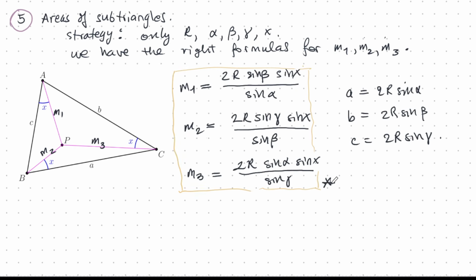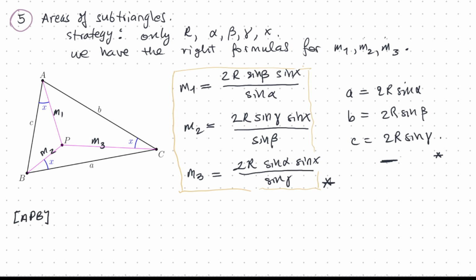So here are my formulas for the segments M1, M2, M3, and here are a bunch of solutions I found for ABC in terms of angles and R using extended sine law. It's really easy. I've done it many times already. So you no doubt recognize these formulas immediately.